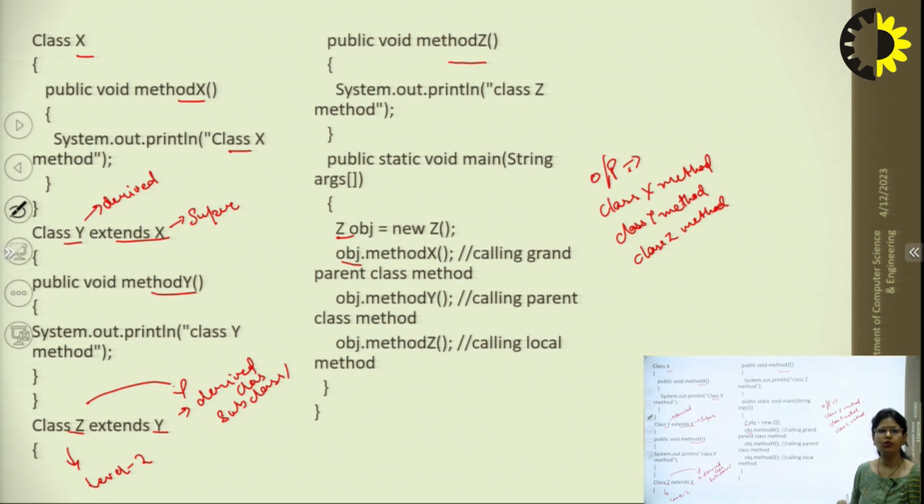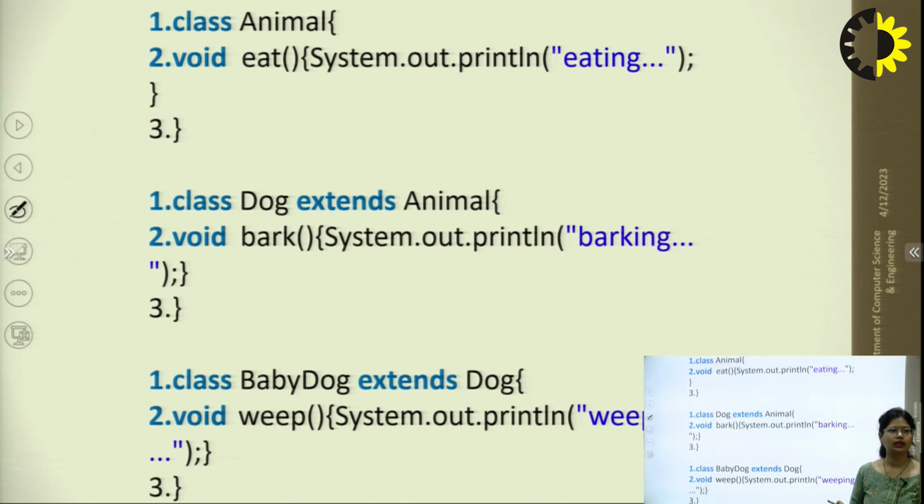So all three methods are inherited, which is known as multi-level inheritance. It's a hierarchy like grandparent, then parent, and then child. So that's how multi-level inheritance works.